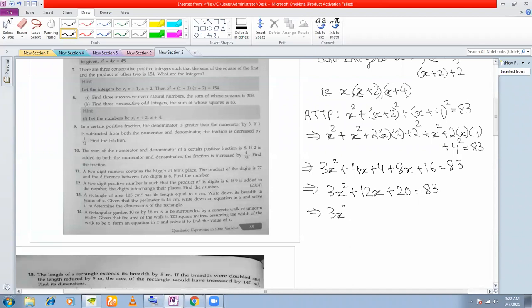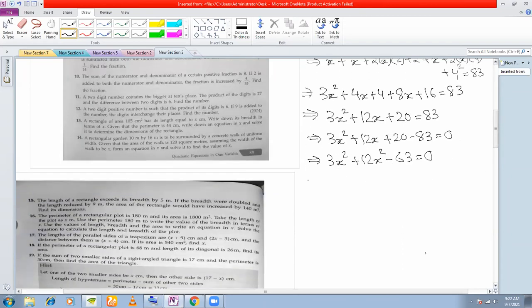So you get here 3x square plus 12x plus 20 minus 83, which is 3x square plus 12x minus 63. Now you can take out the factor 3 from this. This is not x square, this is x. So you get thrice x square plus 4x minus 21, so you get here x square plus 4x minus 21 is equal to 0.